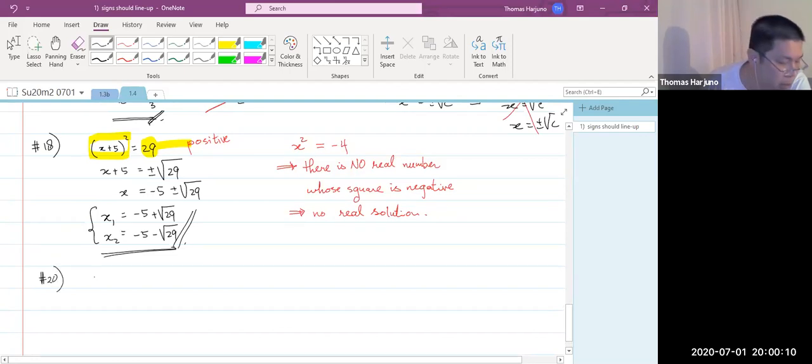Okay, now that's the square root property if one side already has a perfect square. Now what happens if we want to use the completing the square method?